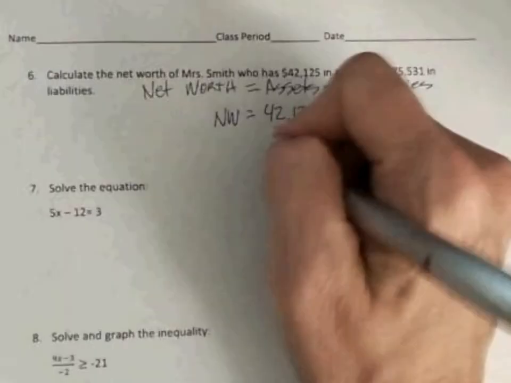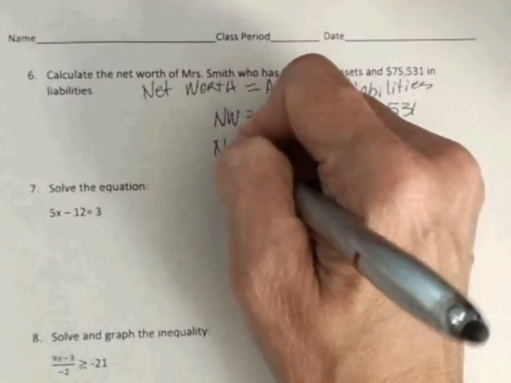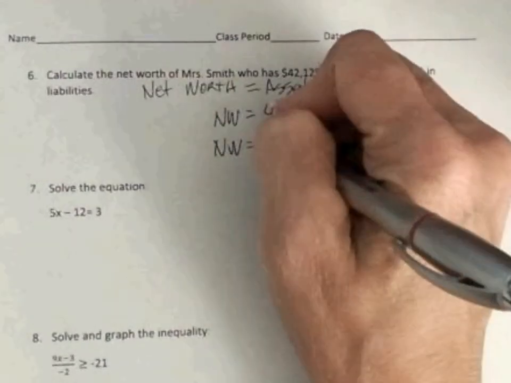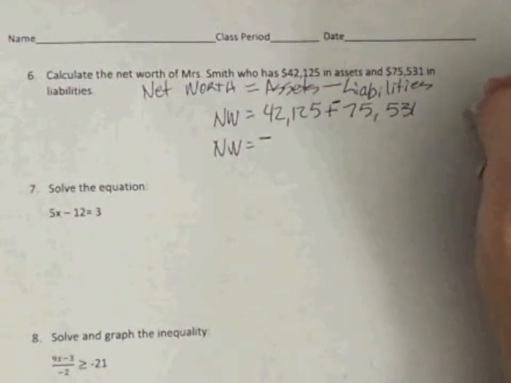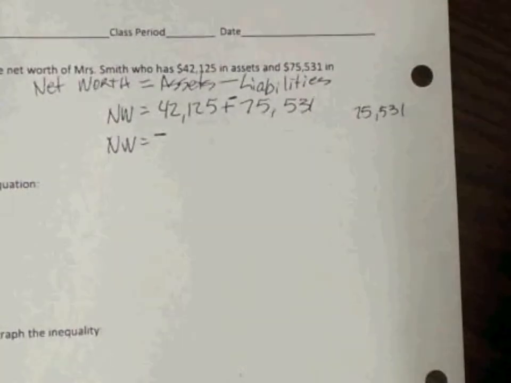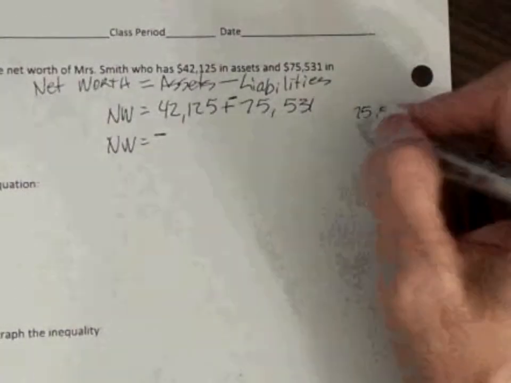So whenever you are adding or subtracting integers with a different sign, it's a subtraction problem. And the larger of the two gets to keep its sign. In this case, it's negative.